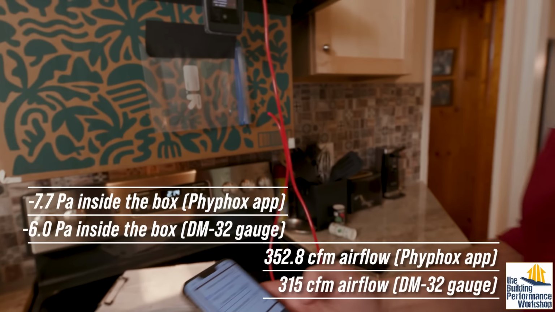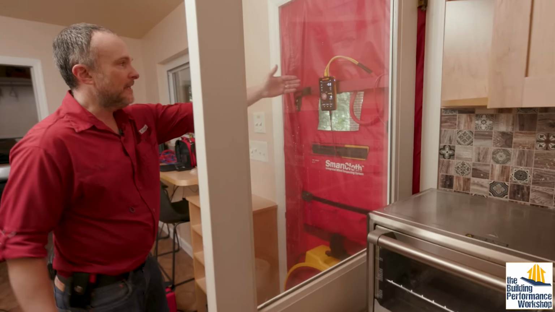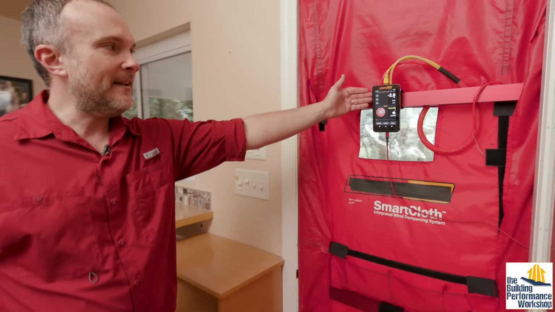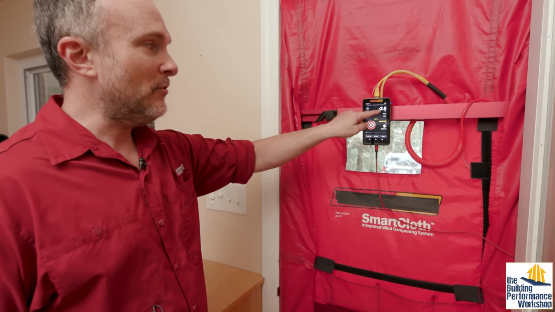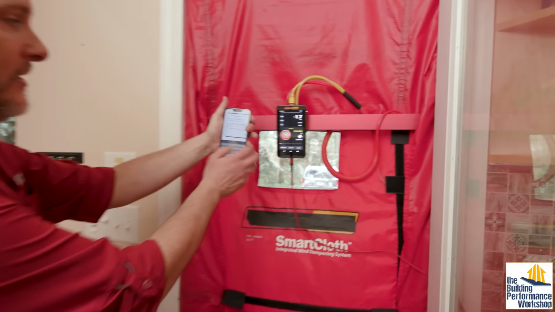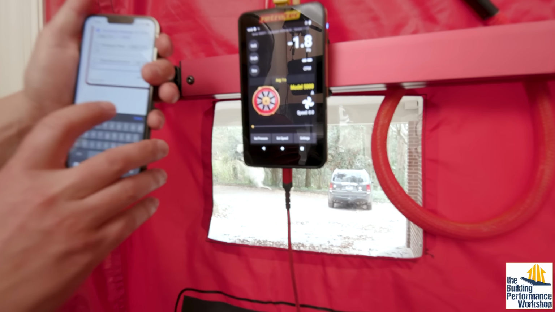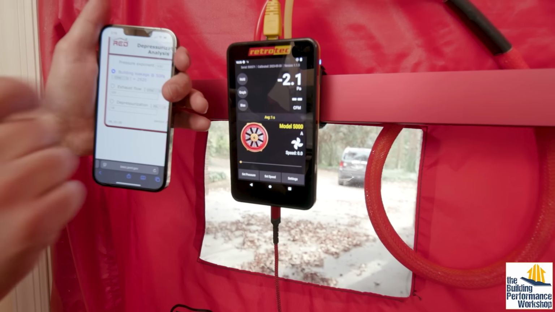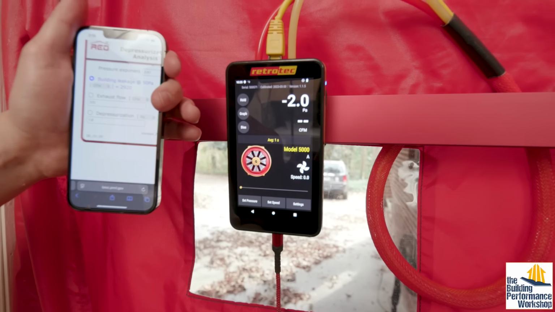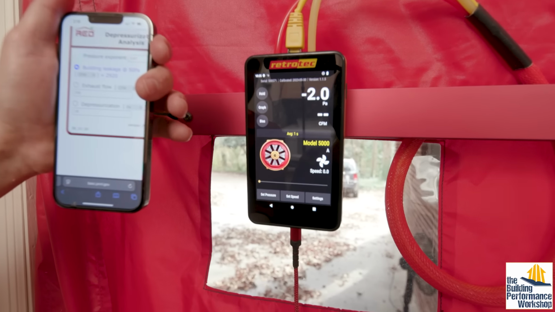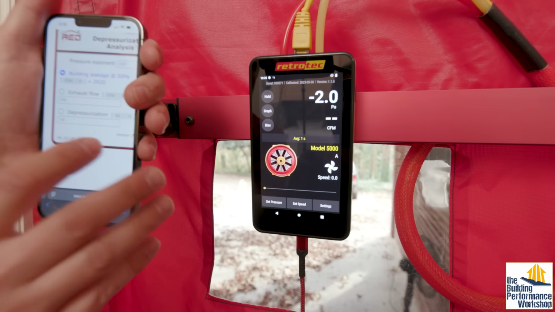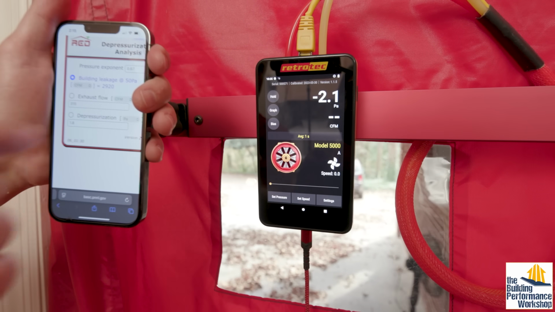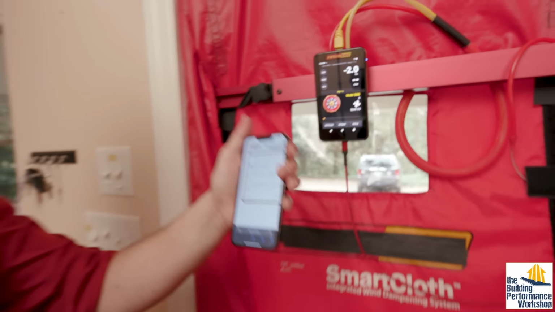Okay, so if we then come over here and find out what this is doing to the house, instead of to a -6, I'm only picking up -2. So if I put in my negative, let's call it 1.8, now I'm getting a flow that should be around 2920, around 3000 CFM50. So both of these numbers are considerably different than what we just measured with the phone.